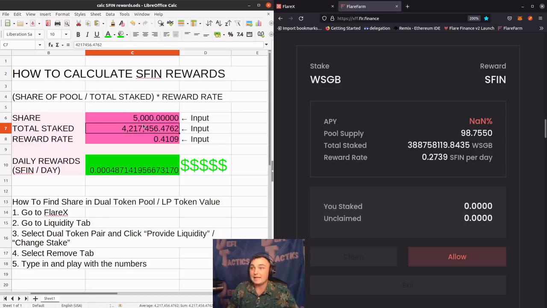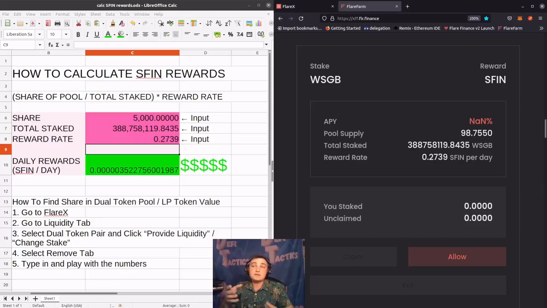So we input that into our little calculator, 388,758,119.8435, with a lower reward rate because it's a single token pool, of 0.2739, and that gives us 0.0000035 SFIN per day. Again, putting this into the actual equation, that's 5,000 wrapped Songbird, or our share of the pool, divided by the 388 million total staked, and then multiplied by the reward rate.